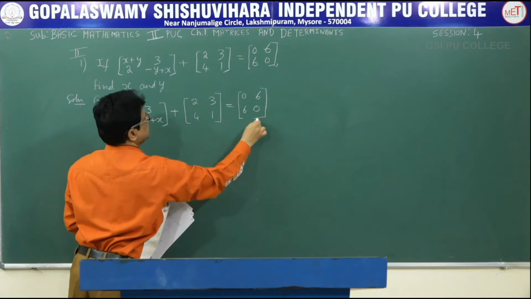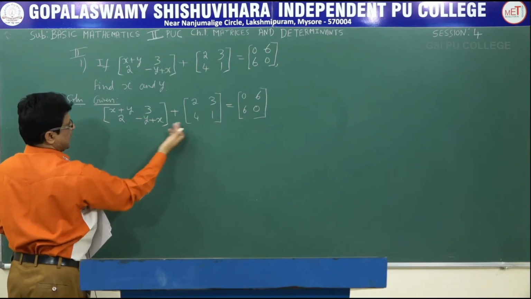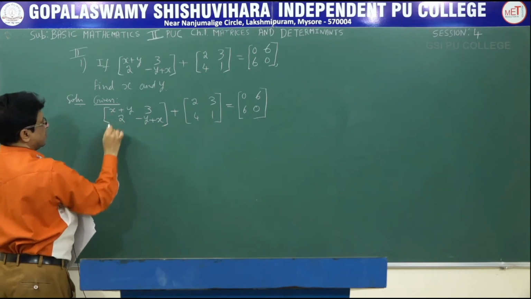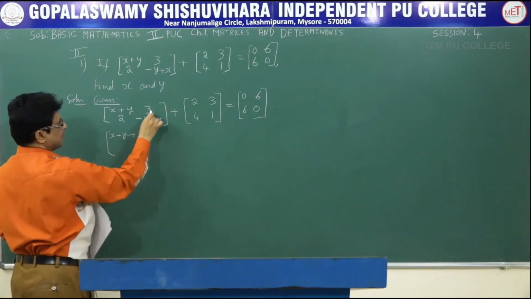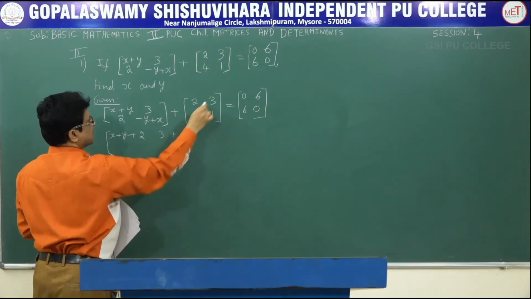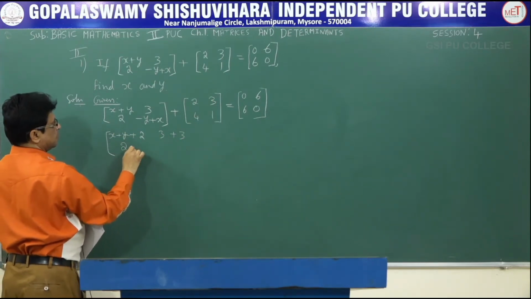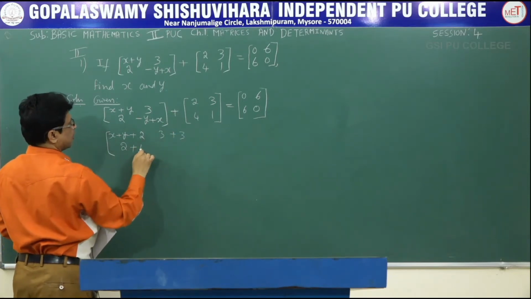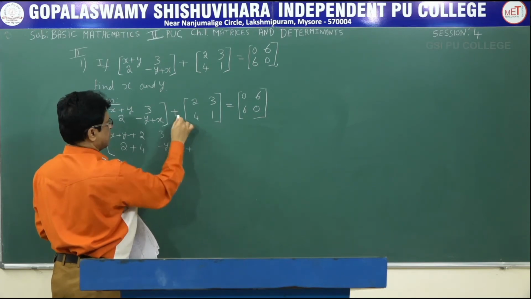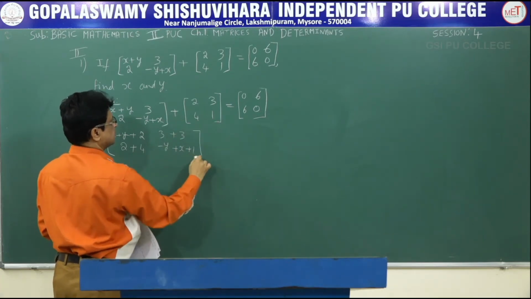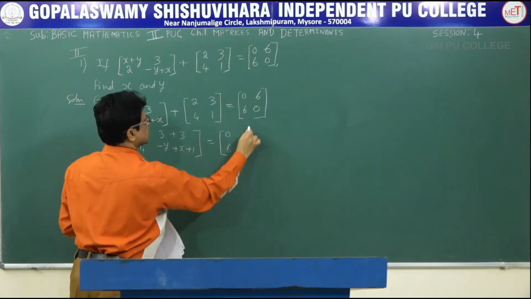So first we add the corresponding elements in the left hand side. So x plus y plus 2, 3 plus 3, 2 plus 4, minus y plus x plus 1 will be equal to [0 6; 6 0].